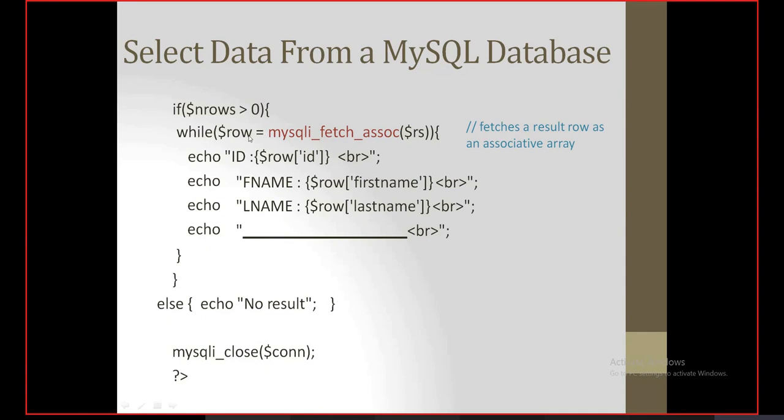Over here we are naming it as row. And then we are accessing the value by mentioning the key, that is nothing but the name of the column. By mentioning the key, I'm mentioning ID, which must be the column name in the database.